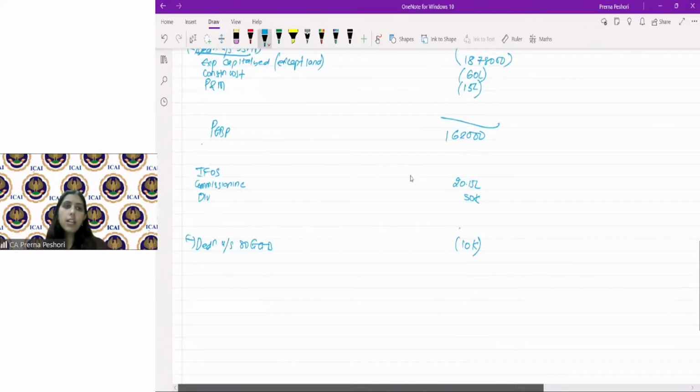So less brought forward specified business loss restricted to 1,62,000. So this will become nil. What about the brought forward business loss? Can we set off against income from other sources? Yes.